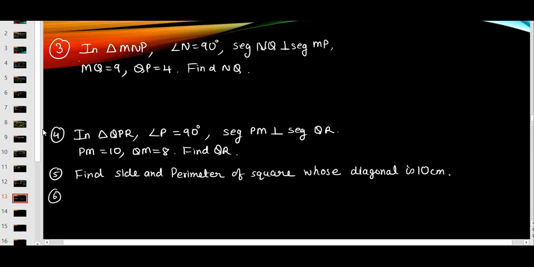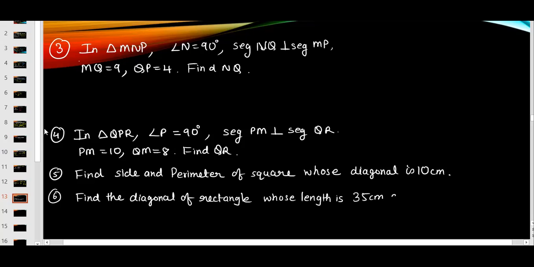And the next question is find the diagonal of a rectangle whose length is 35 centimeter and breadth is 12 centimeter.